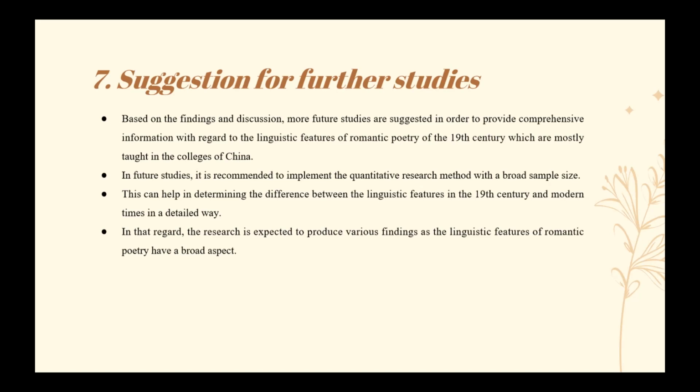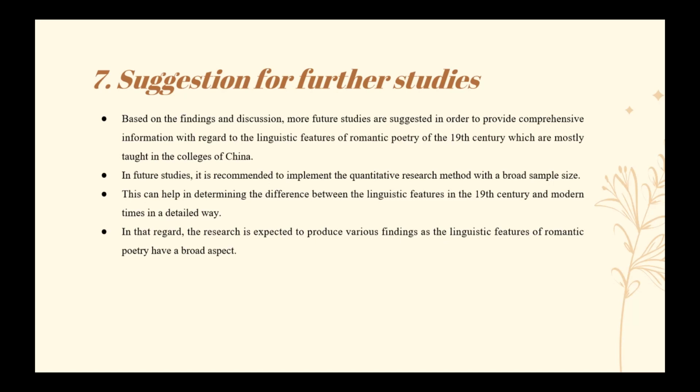There are some suggestions for further studies. The first one is based on the findings and discussions. More future studies are suggested in order to provide comprehensive information with regard to the linguistic features of Romantic poetry of the 19th century, which are mostly taught in the colleges of China. And in further studies, it is recommended to implement the quantitative research method with a broader sample size.